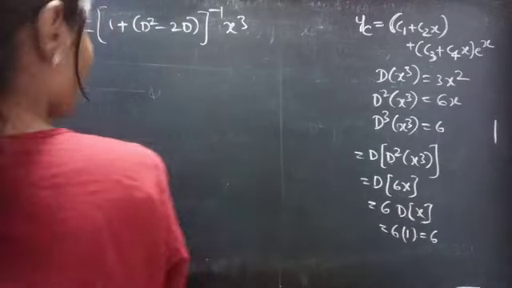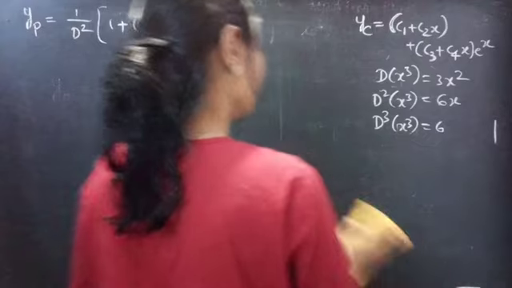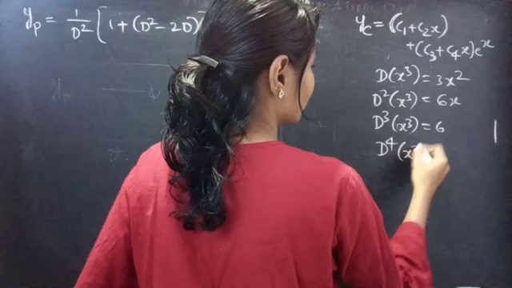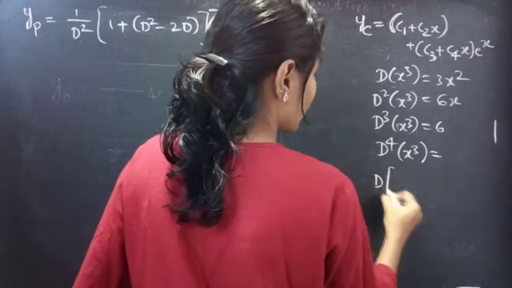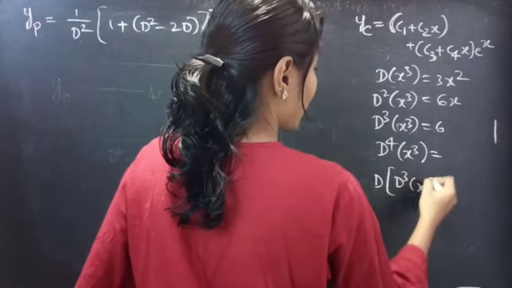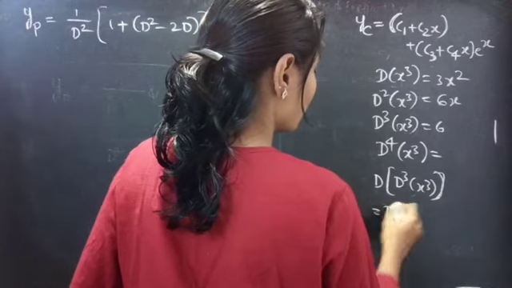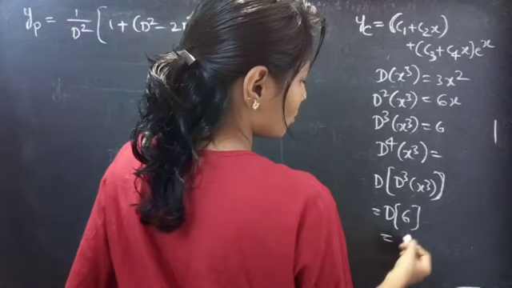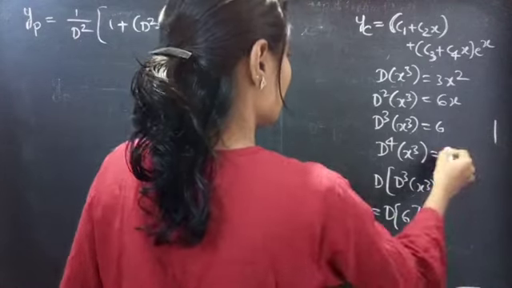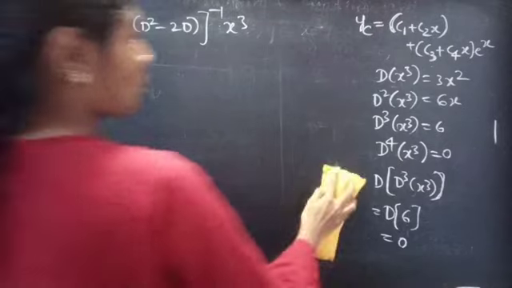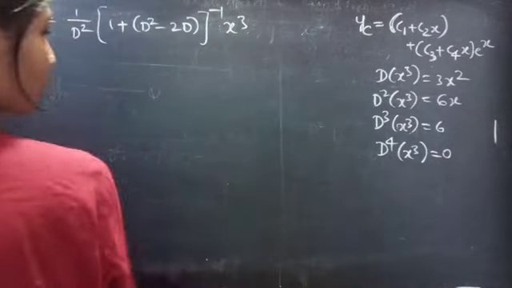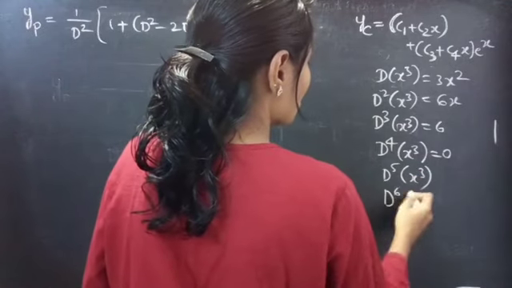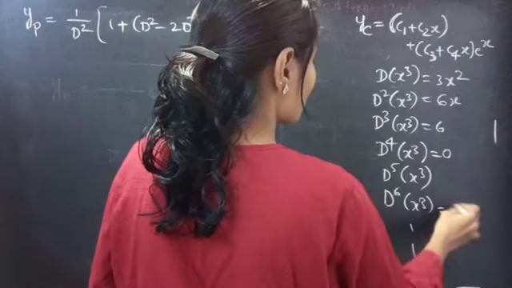Now let's find D power 4 of x cube, which equals the derivative of D cube of x cube. We have the value of D cube of x cube, which is 6, and we know that the derivative of a constant with respect to x is 0, so we'll get 0. Likewise, D power 5 of x cube, D power 6 of x cube, and so on become 0.